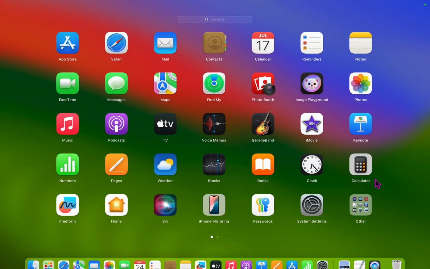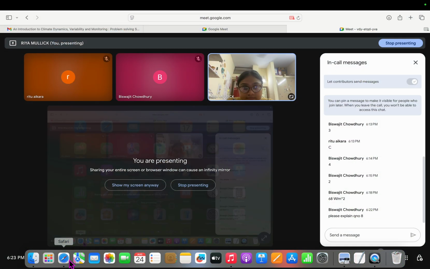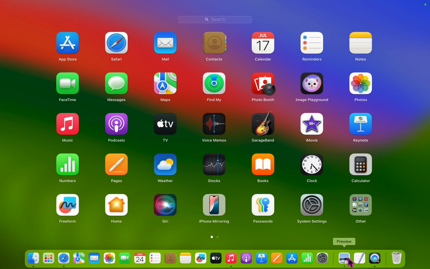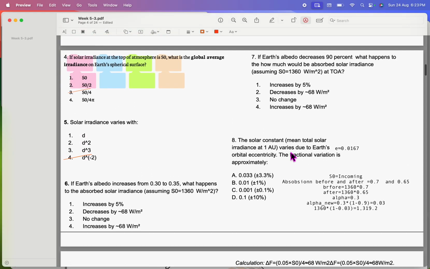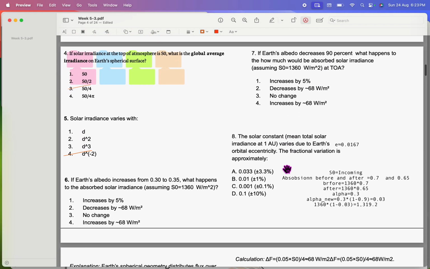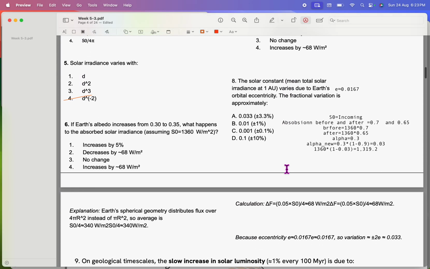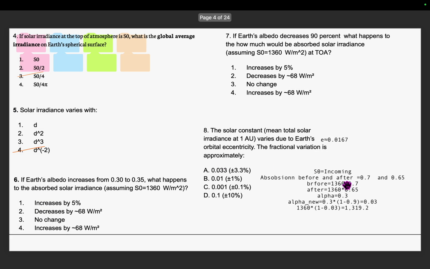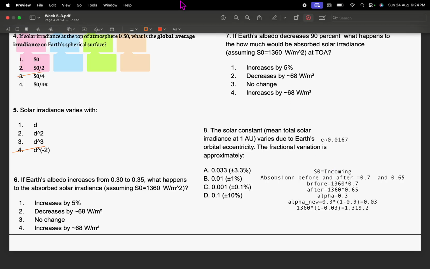Please expand question 8. Okay. Question 8, you have to find the solar constant S0. So its variation is d minus e square. I have to write, I guess.